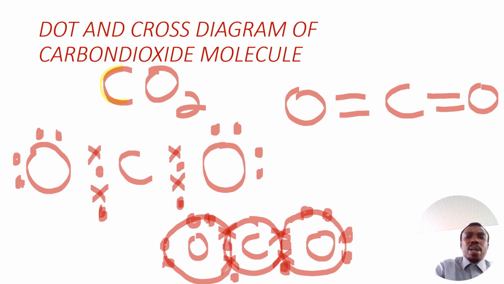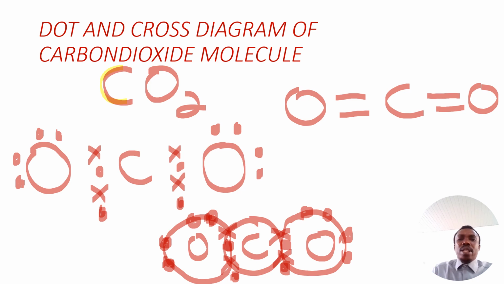So if you look at carbon, carbon has 8 electrons. Each oxygen also has 8 electrons. So each of them has completed their octet state. They have attained the noble gas configuration. So this is a way of drawing the dot and cross diagram. We make use of what? The shells. Use the shells to show the dot and cross diagram. So you can see each of the atoms attains its noble gas configuration.